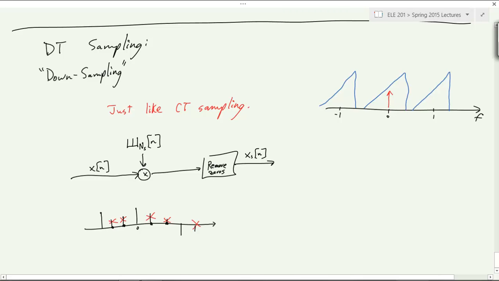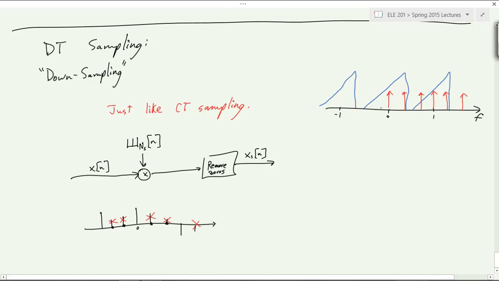So it has one here, it has one at 1/3, one at 2/3, 1. So everything's exactly the same. And what you get are shifts, but because of the circular convolution, you only have to consider the shifts that happen in one period.